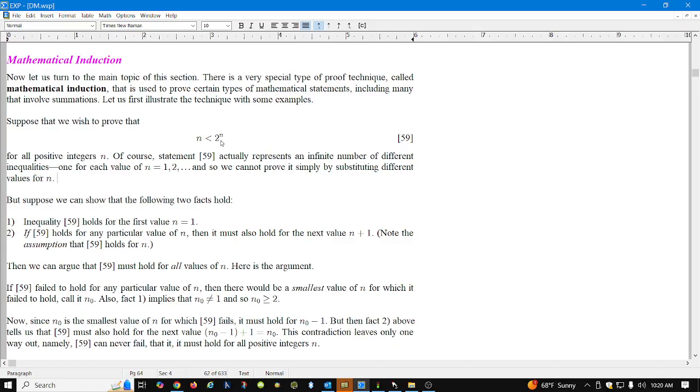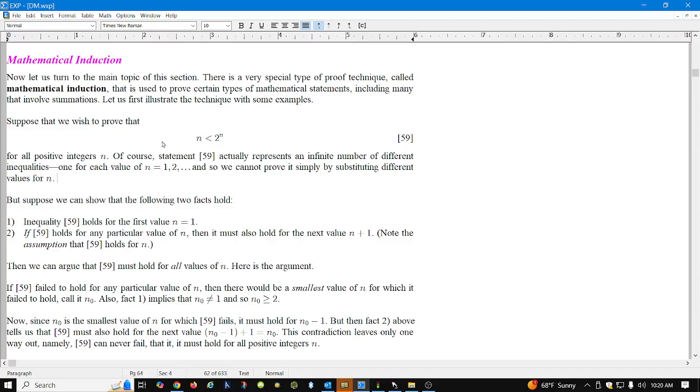Now, to be clear, this is where some students have points of confusion. We are assuming that the inequality holds for a particular value of n, but only for the purpose of showing that it holds for n plus 1. So it's a temporary assumption.